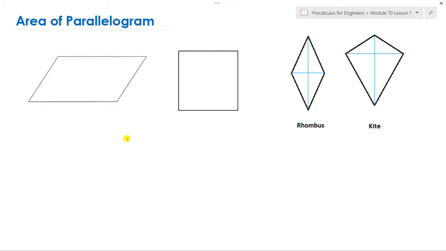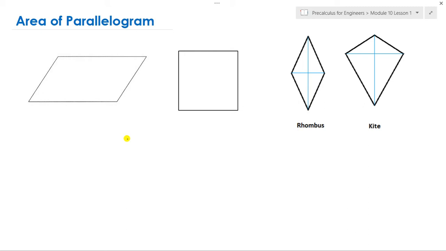By definition, when we say parallelogram, two opposite sides are parallel to each other. That is the definition of a parallelogram. A rectangle has two opposite sides equal and they are also parallel. So, therefore, a rectangle is a parallelogram.